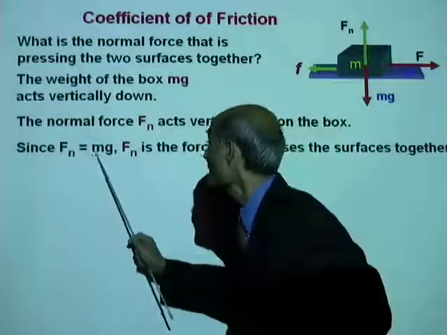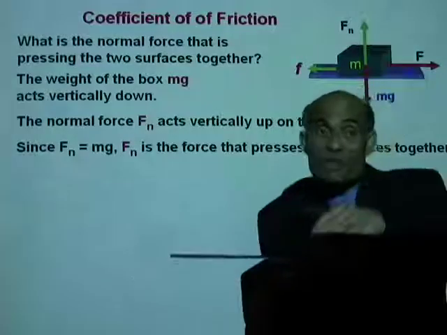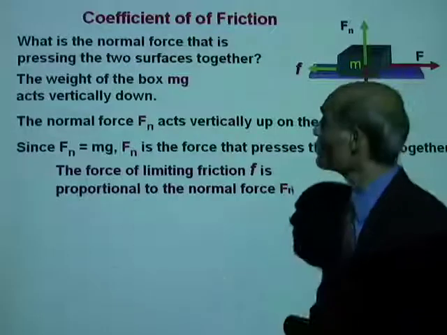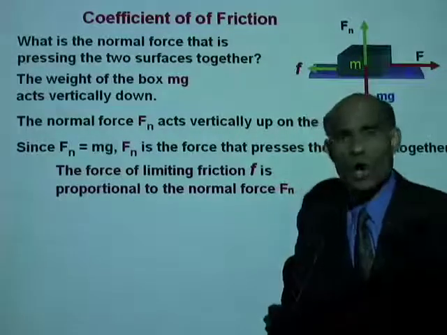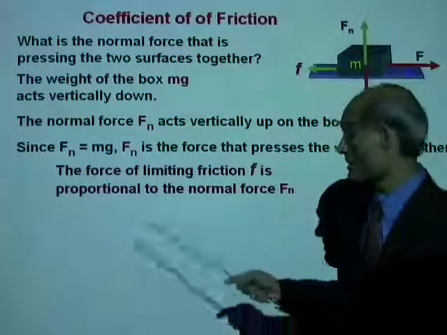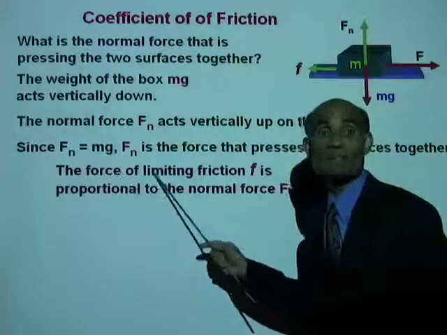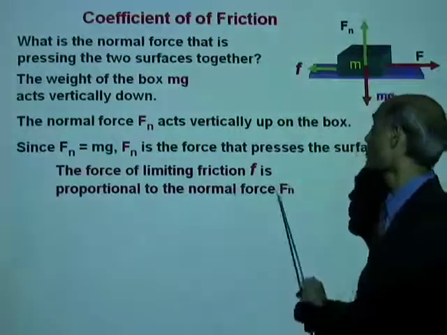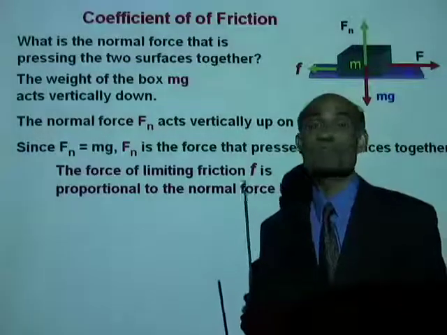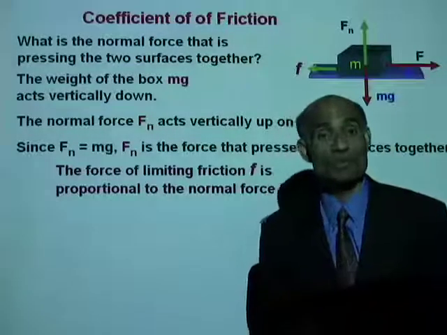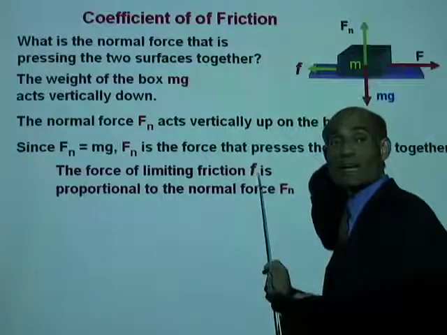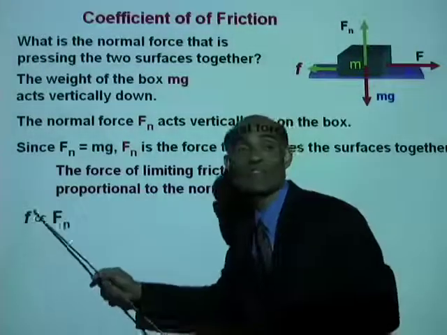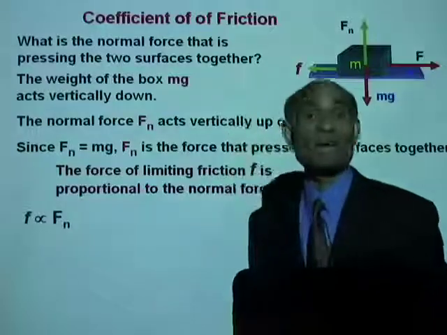It is that normal force that presses the two surfaces together. That means we can now make a statement which can be called the law of friction. The force of limiting friction, lowercase f, is proportional to the normal force Fn. Can you write that down using your mathematical notation? We write it like this: f is proportional to Fn.